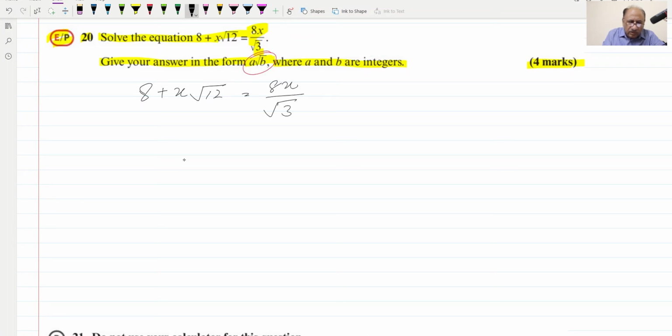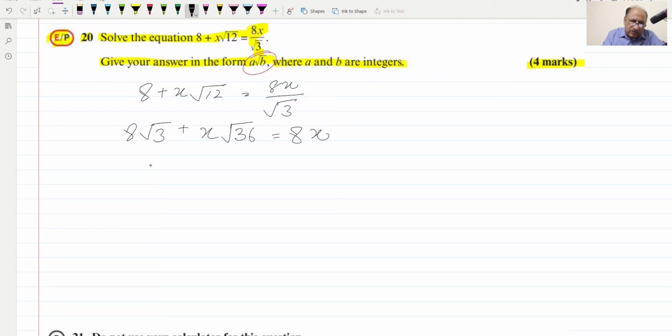Now we can cross multiply, so 8 root 3 will be multiplied, and root 3 multiplied by x root 12 will be x root of 12 into 3, which is 36, and this will be equal to 8x.